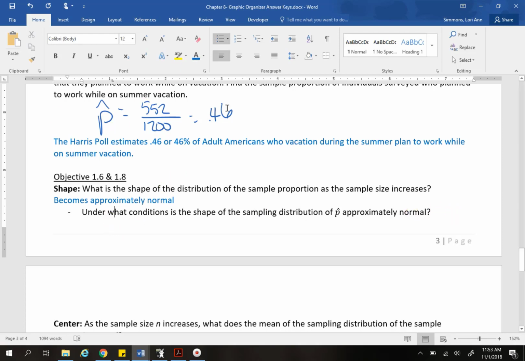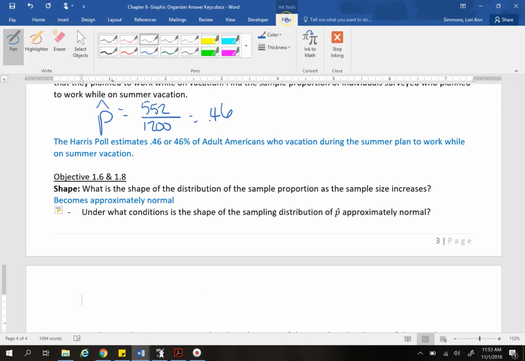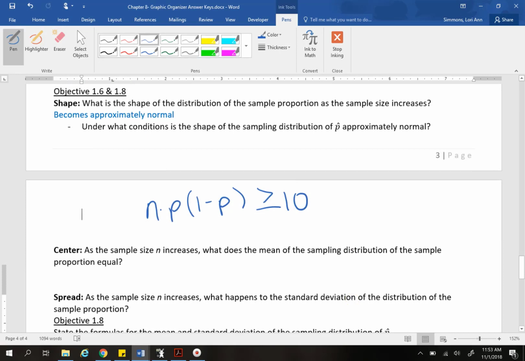And then what are the conditions? In the sample mean, we had n greater than or equal to 30 for the central limit theorem. For this one, we have n times p times 1 minus p, and that has to be greater than or equal to 10 for it to be approximately normally distributed.